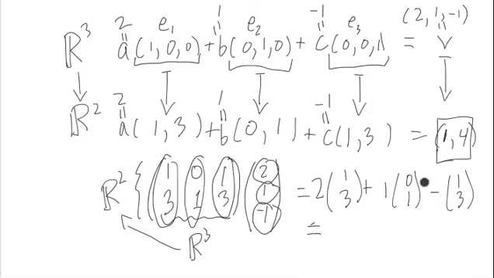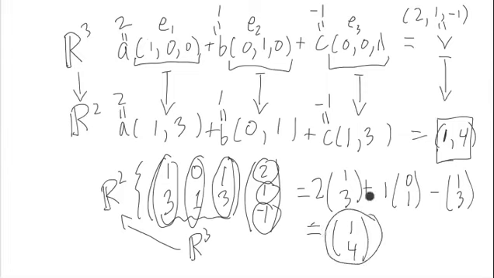When we add this up, we're going to get a vector in the codomain, in R2. We get 2 times 1 plus 1 times 0 minus 1 on the top, which is, just like we said, 1. Then 2 times 3 is 6, plus 1 is 7, minus 3 is 4. And we get something that looks nice.